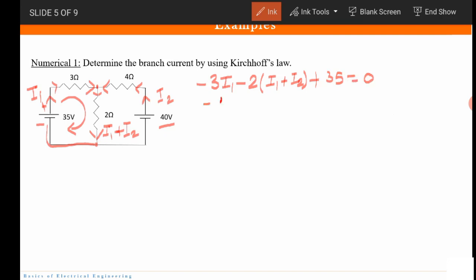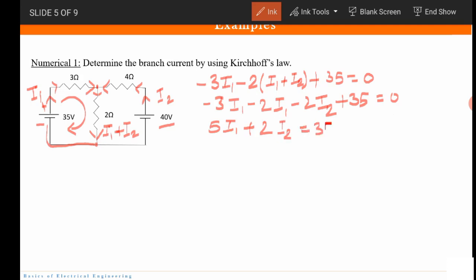So it is minus 3 I1 minus 2 I1 minus 2 I2 plus 35 equal to 0, right? We take the negative terms to the right hand side and finally write the equation. So my final equation becomes 5 I1 plus 2 I2 is equal to 35.